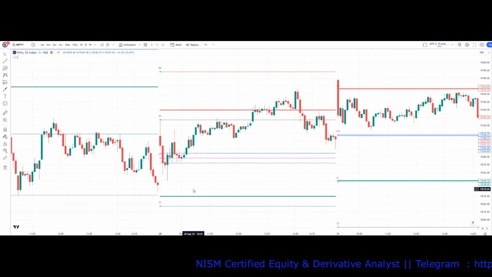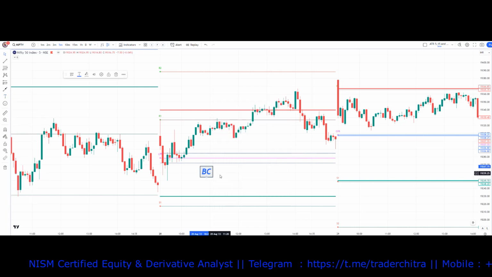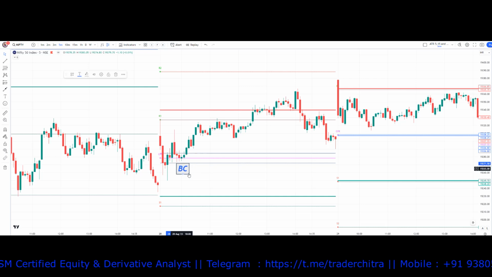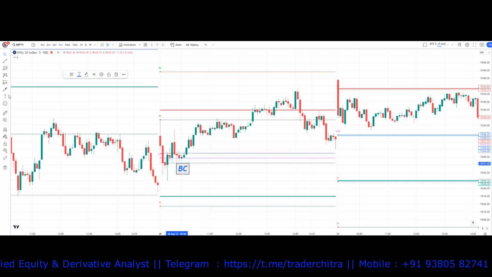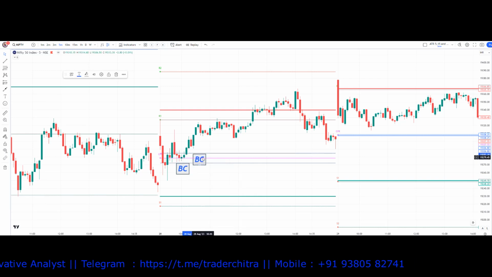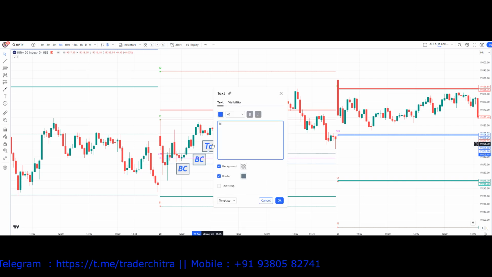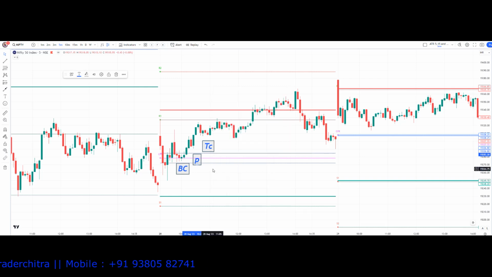What is scenario number 2? That is the BC breakout. Here this is the BC. I will write it down here: this is the BC, this is the pivot point, and this is the TC. So we are looking for the BC breakout.